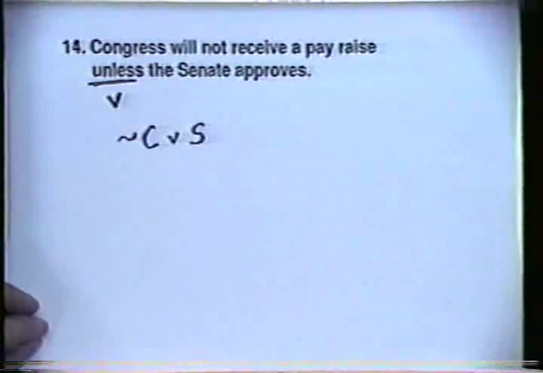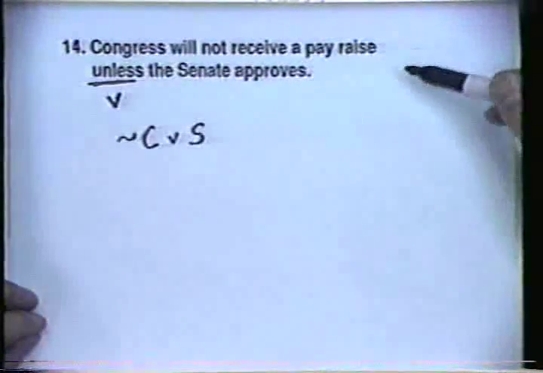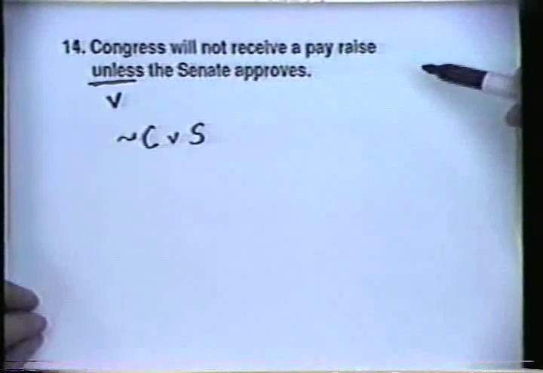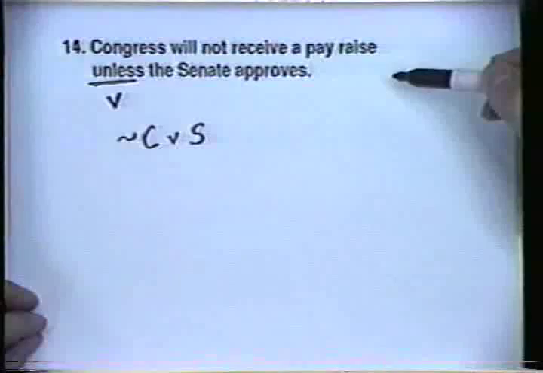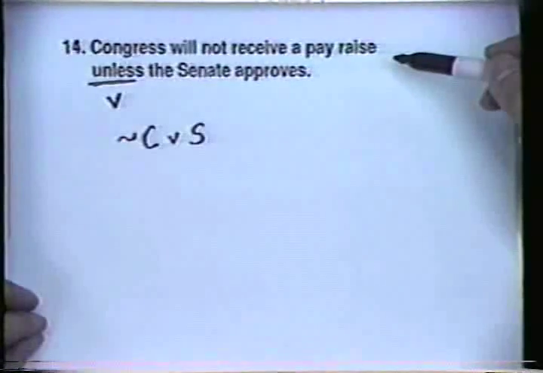Notice there's another way of doing 14. In fact, there's a couple more ways of doing 14, which are equivalent, but which associate 14 with the ideas of necessary and sufficient conditions. If you think about what 14 says here, it's claiming that Senate approval is a necessary condition for the Congress's receiving a pay raise.